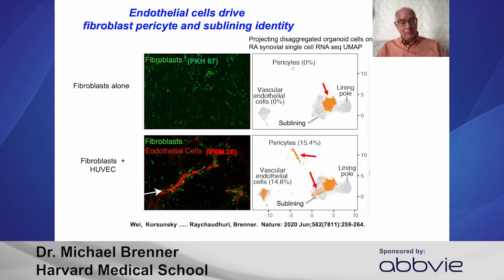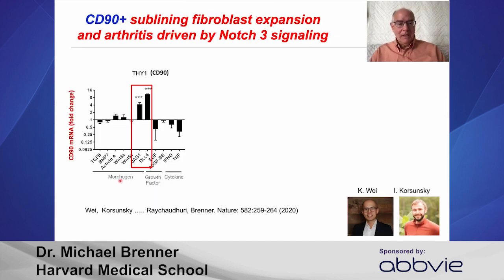And remember, the sublining inflammatory fibroblasts are the most expanded in RA. What or how may blood vessels be doing that? We tested a lot of inflammatory cytokines and growth factors and WNTs shown along here in this bar graph to see which of them, when we stimulated fibroblasts, might drive the sublining phenotype. It turned out to be Jagged1 and Delta-like ligand 4. These are Notch ligands that stimulate Notch receptors, and they were driving the fibroblast phenotype.